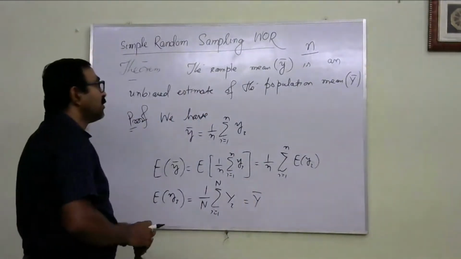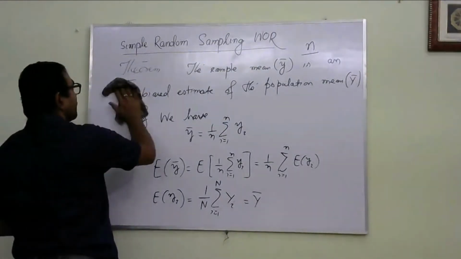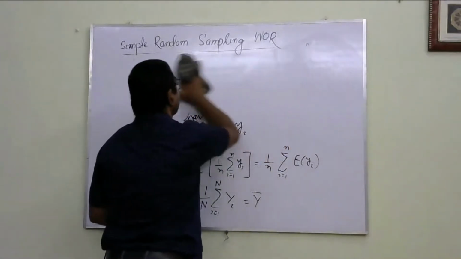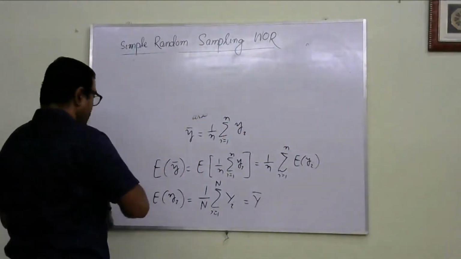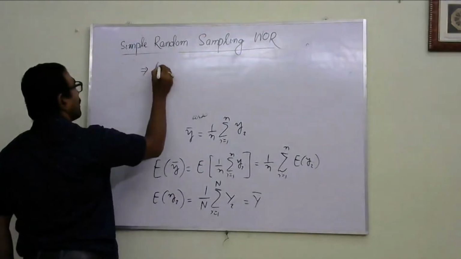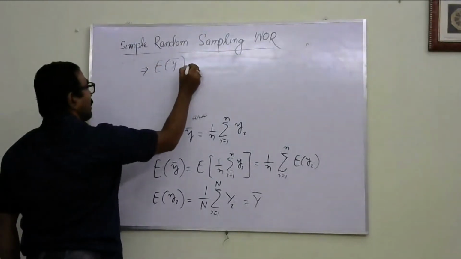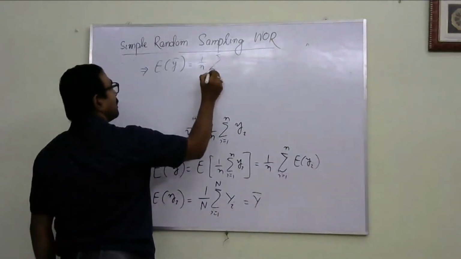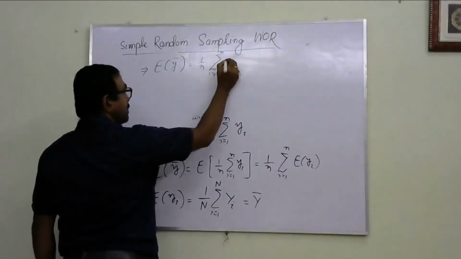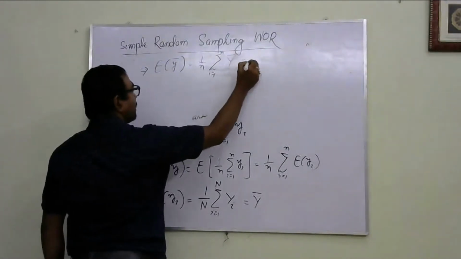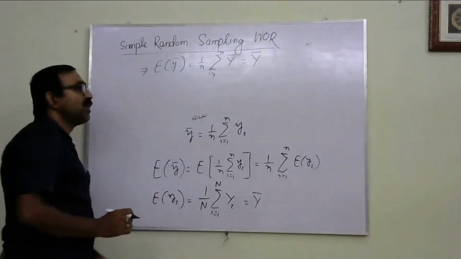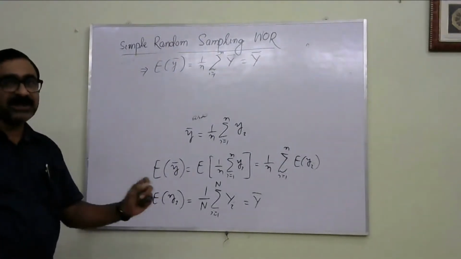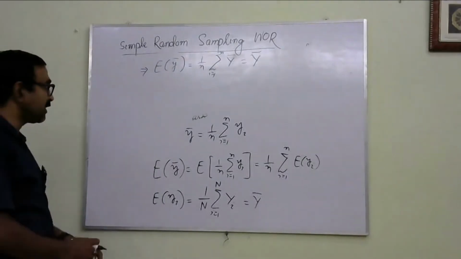Using this we get expectation of small y bar equal to 1 by n summation i equal to 1 to n, Y bar, that is equal to Y bar. So the expectation of the sample mean is equal to the population mean. So the sample mean is an unbiased estimate of the population mean.